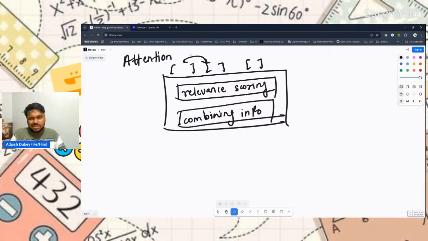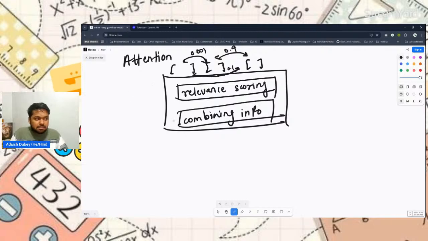So it can say, okay, these two are not really relevant, so I'll just give them 0.001. Are these two relevant? Okay, these two look to be very relevant. I'll give them 0.9. And are these two relevant? No, these two don't look relevant, so I'll give them 0.1. Simple. So what does relevance scoring do? Relevance scoring decides how relevant each embedding is along with all the other embeddings, right?